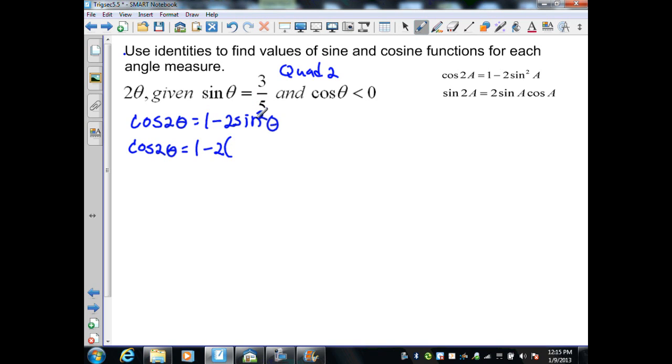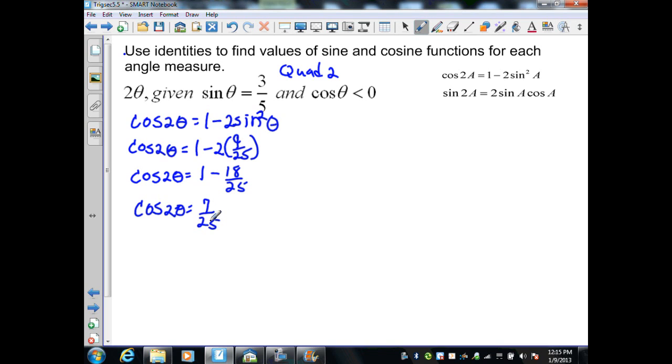But when I square it, that's going to give me 9/25. And when I simplify, cosine 2 theta is equal to 1 minus 18/25. Therefore, cosine 2 theta is equal to 25 over 25 minus 18 over 25, which is going to give me 7/25.